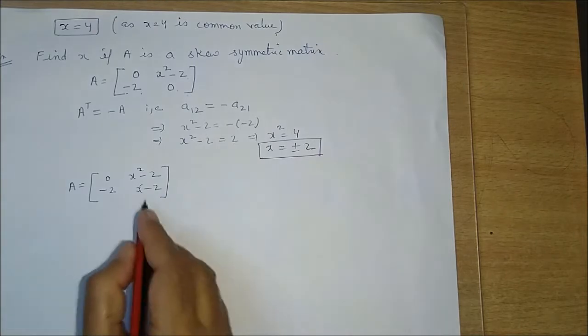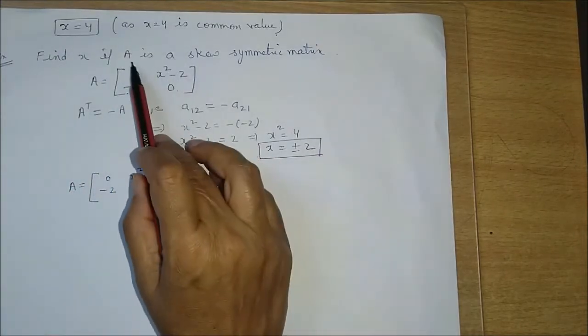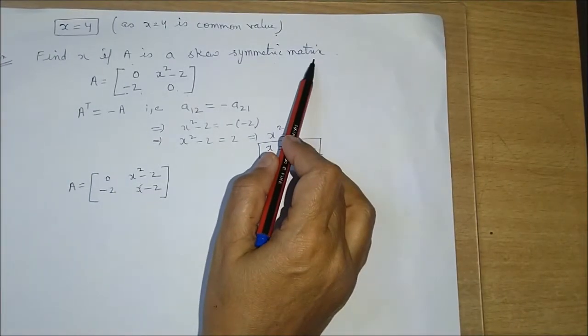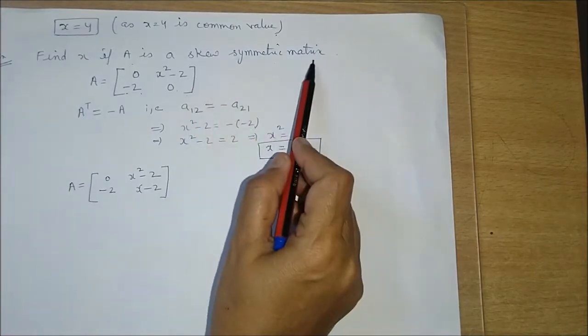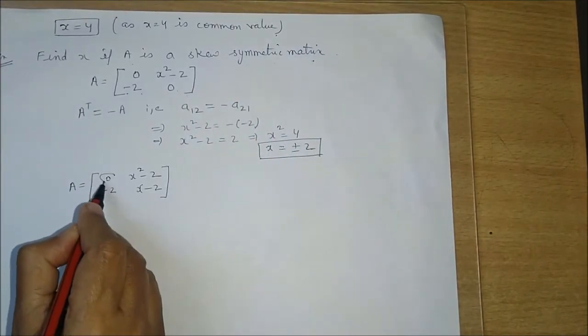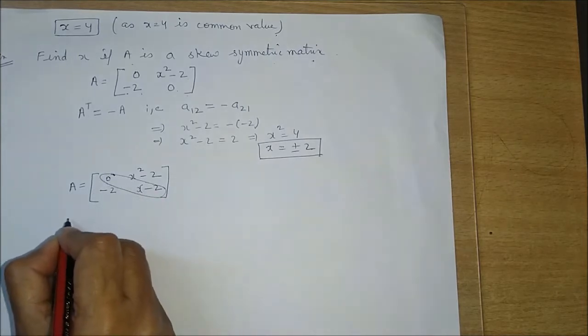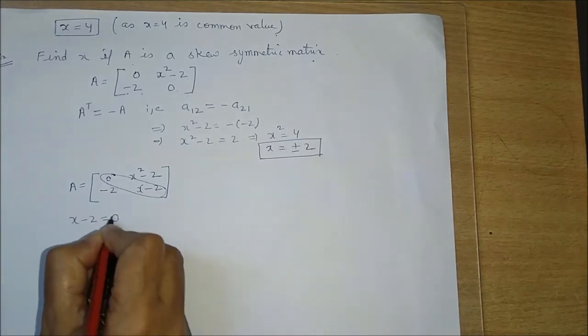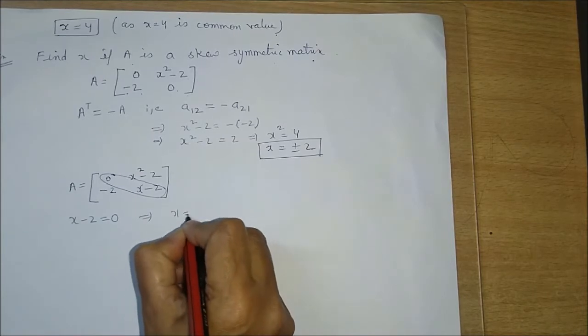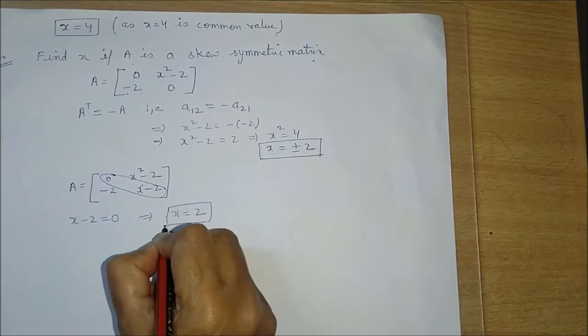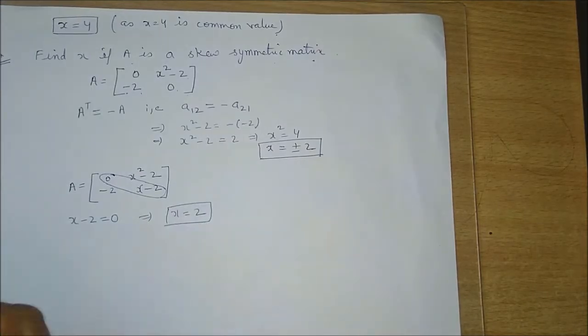In such case, as it is given that A is skew symmetric matrix, diagonal elements must be 0. So in that case we get x minus 2 equals to 0 and we get the value of x as 2.